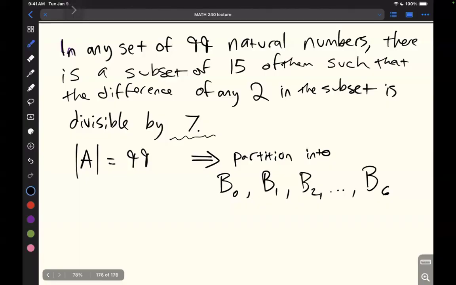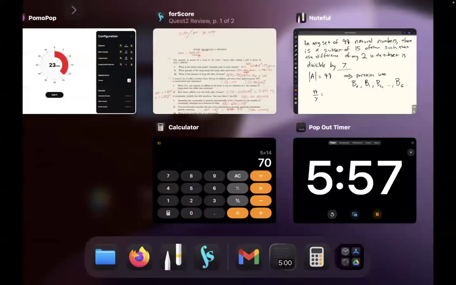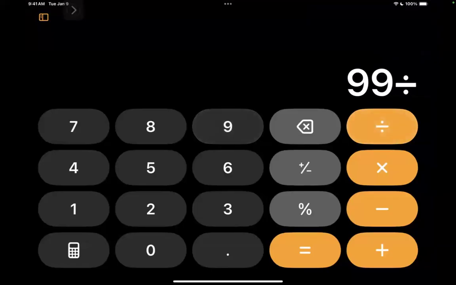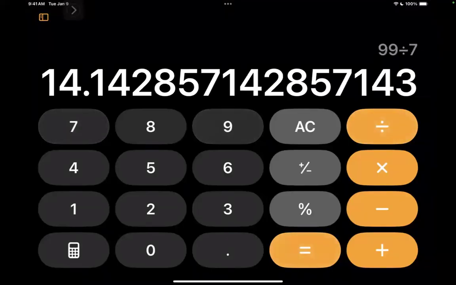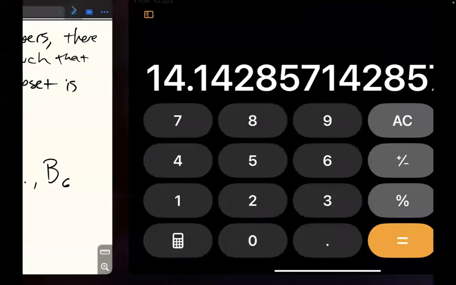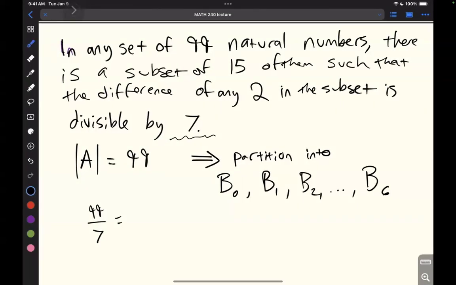So if we have 99 over 7, let's see what that is. 99 over 7 is 14 point something, which means if we're dividing it evenly, one of these sets has to have at least 15 elements.